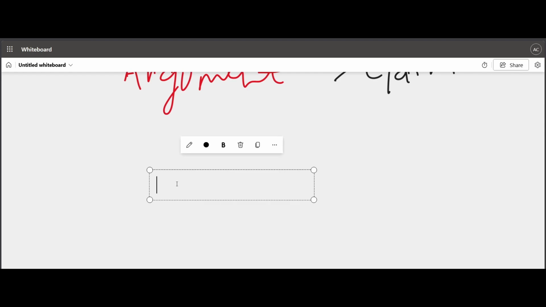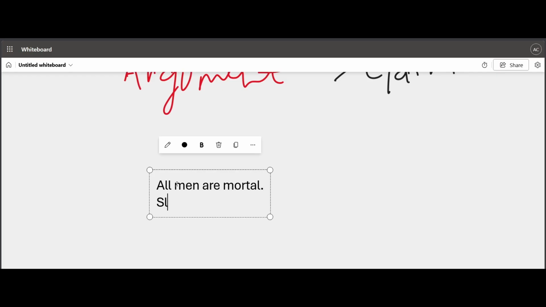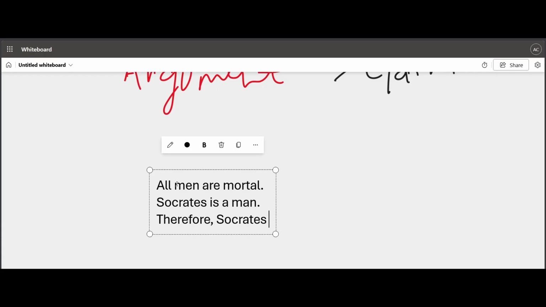Let's opt for the Aristotelian syllogism, which goes like, if you may have already heard of this before, but I'll just type it out here. All men are mortal. Socrates is a man. Therefore, Socrates is mortal.